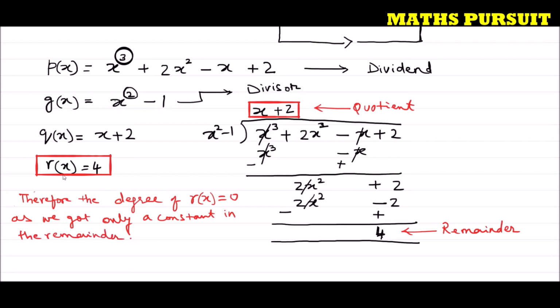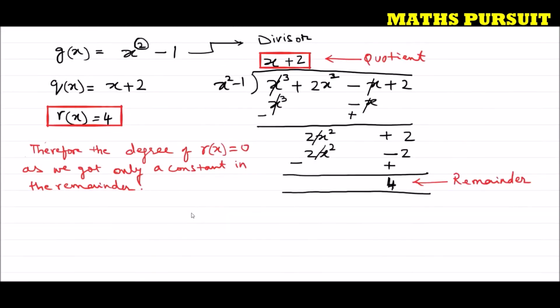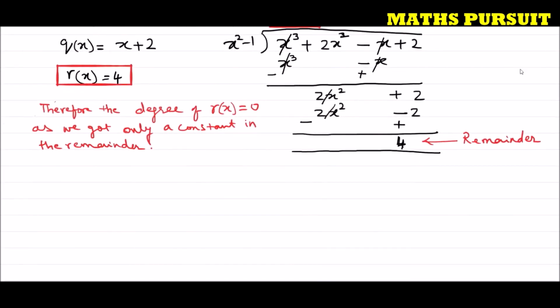Now we are going to do the final thing, to check if all the equations that we have considered fulfill the first condition or not. The first condition says that p(x) is equal to g(x) into q(x) plus r(x).